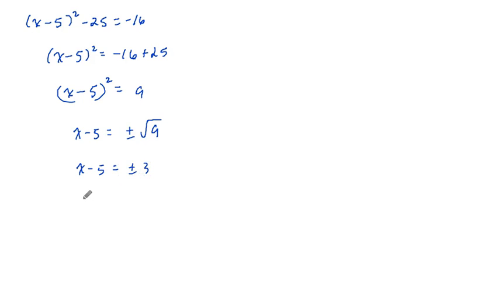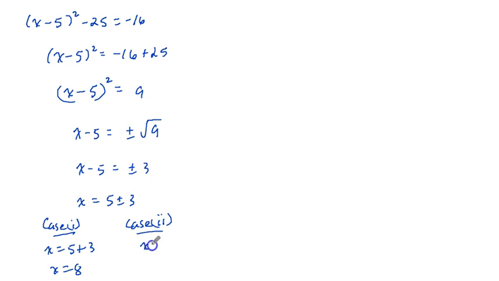So we've got two cases, x equals 5 plus or minus 3. Case 1, x equals 5 plus 3, which is 8. And case 2, x equals 5 minus 3. Okay, I've fixed that up a little bit, but x equals 2.